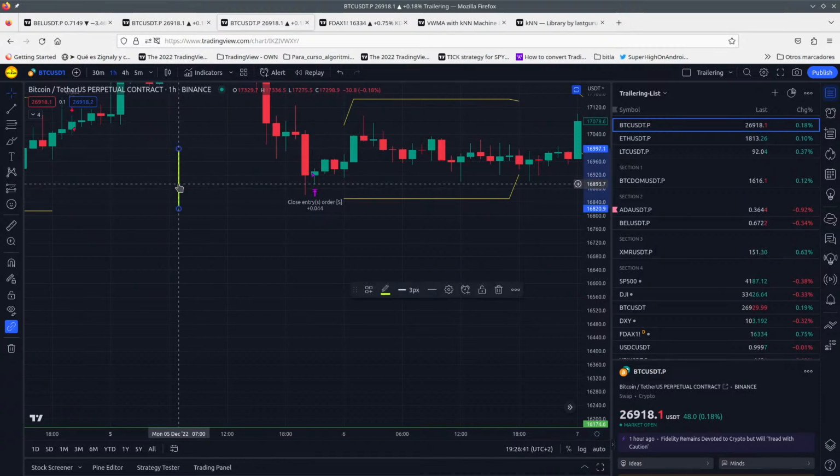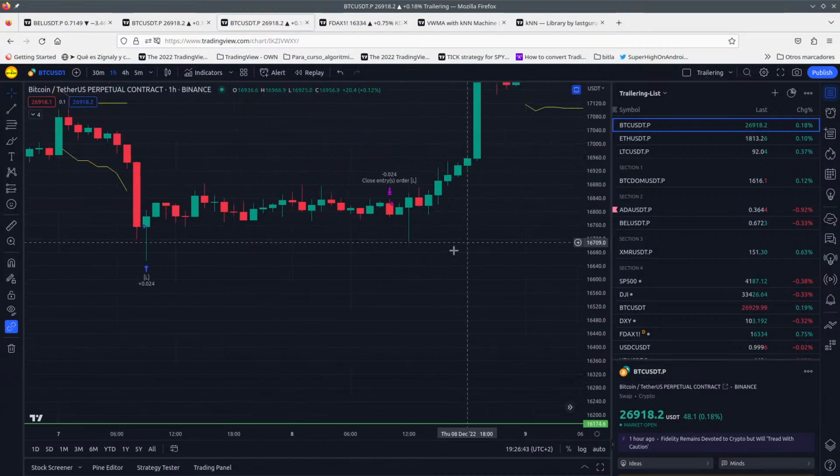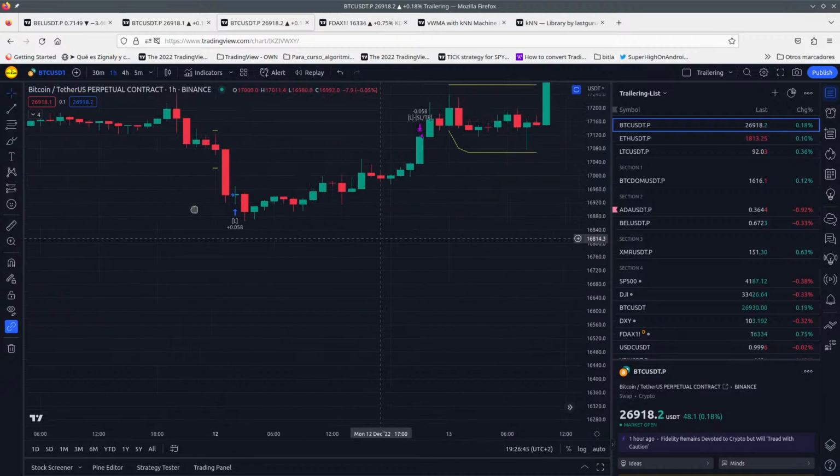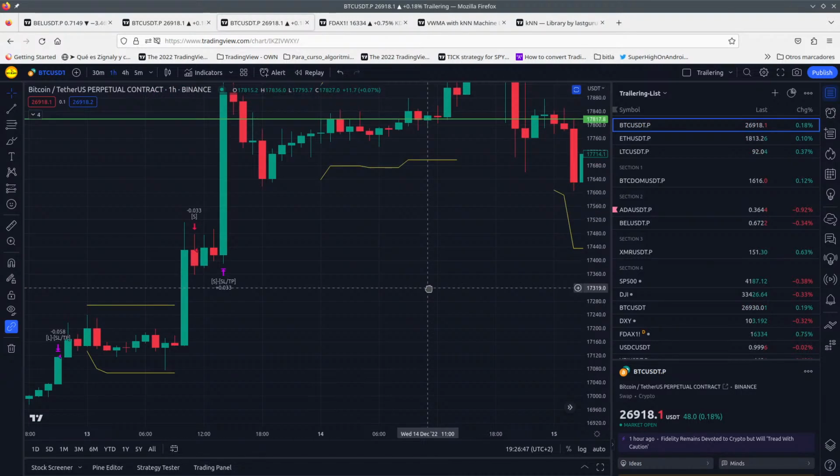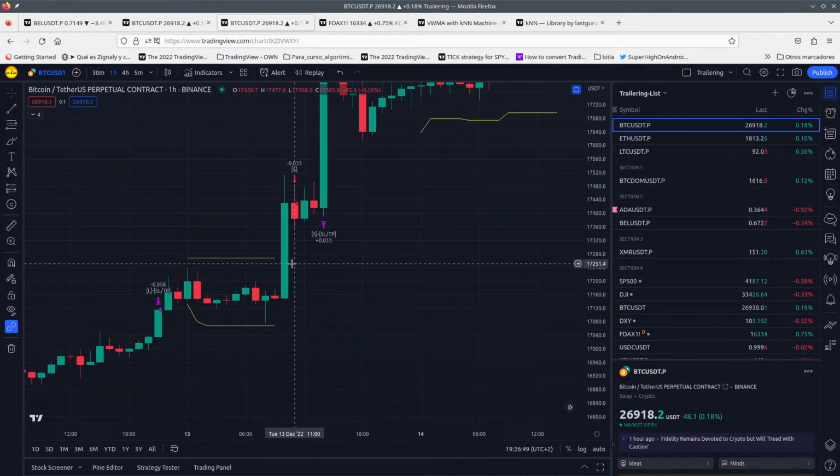I think we don't need this anymore. Let's check more short trades. More short trades. Look at this. So how do I close it if the low from the first candle is not lower than the high from the trigger break candle? It's not. Wait a minute.